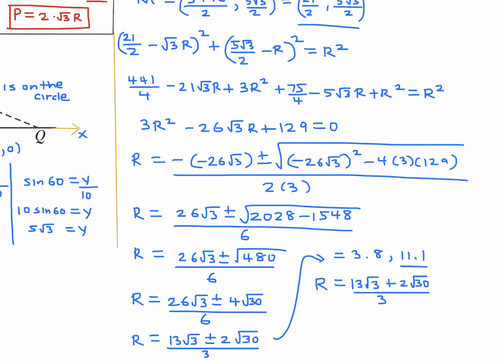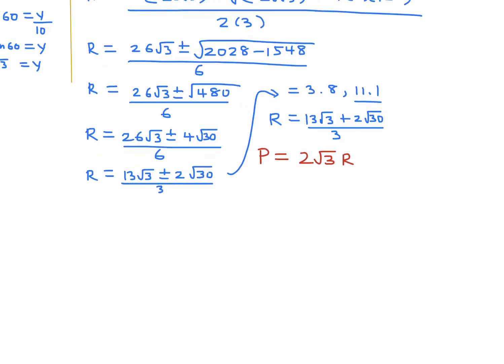So we're pretty much done. We have to now just figure out the perimeter, and remember the perimeter right here, we had figured out a very nice formula, 2 root 3 r. So we have to figure out the perimeter using this formula and this value for r. Substitute that in, and we get P is equal to 2 root 3 times (13 root 3 plus 2 root 30) all over 3.